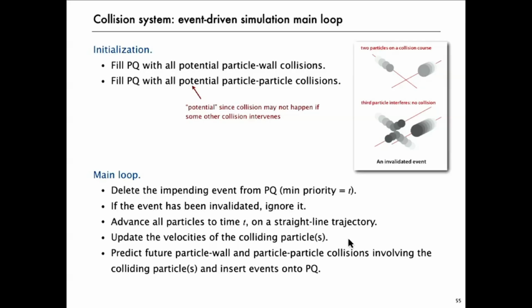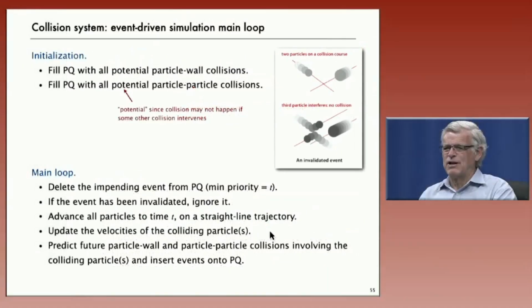And then what we have to do for those two particles is go through and predict the future collisions with any walls and collisions with any other particles and put all those new events onto the priority queue. But that's it. You've got two particles, change their velocities, figure out the future collisions of those particles with the wall, and update the priority queue. And then the main loop is take the next thing off the priority queue and keep going. That's the code that we'll look at next.